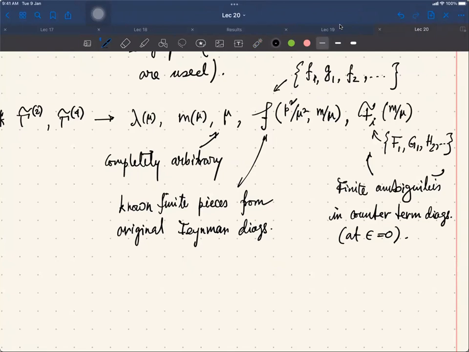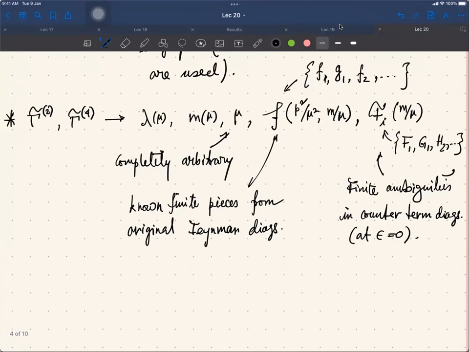Okay, in the epsilon going to 0 limit, this gamma tilde 2 and gamma tilde 4 will be finite, but then they will be dependent on this bunch of factors. Okay, now out of these, we don't know how to interpret mu and how to interpret these finite ambiguities.